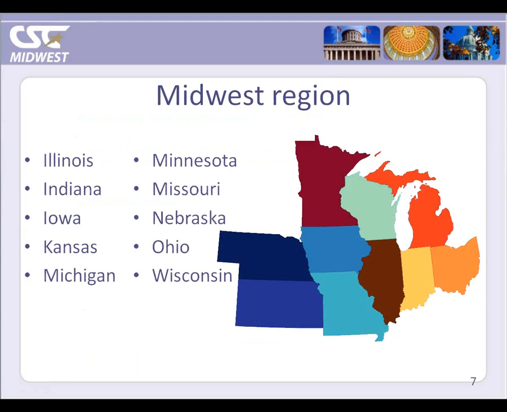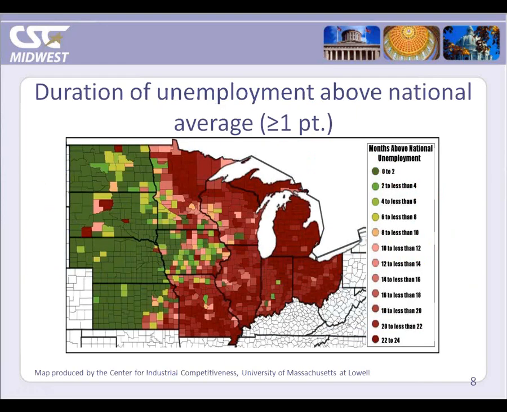Today, most of my work is going to focus on the states of Wisconsin, Illinois, Indiana, Ohio, and Michigan, but we have extended it to the other states, Minnesota, Missouri, Nebraska, Kansas, and Iowa.